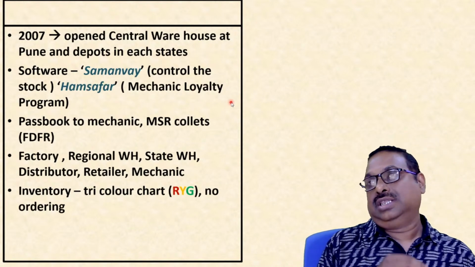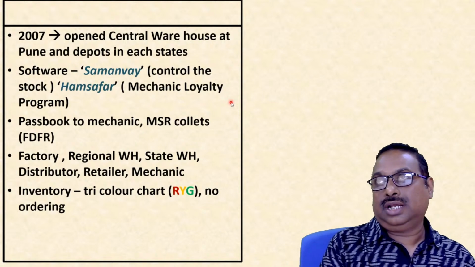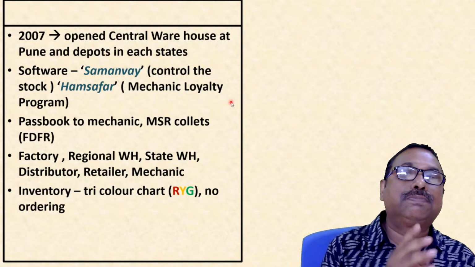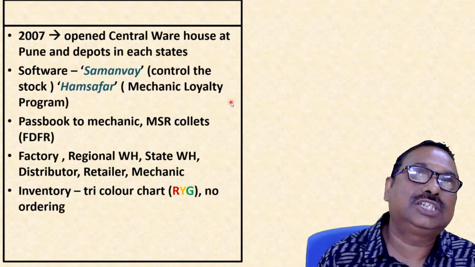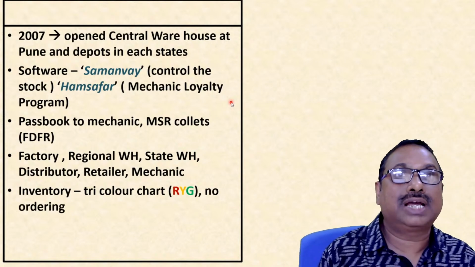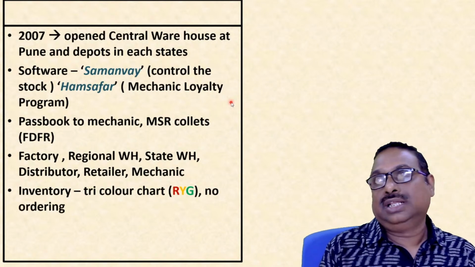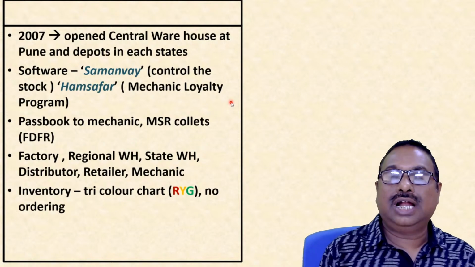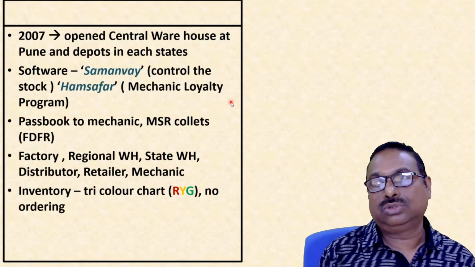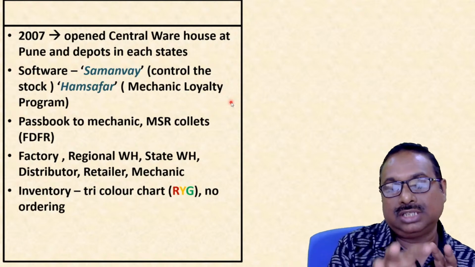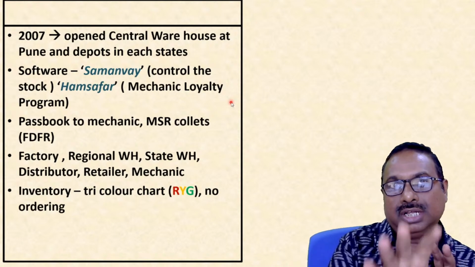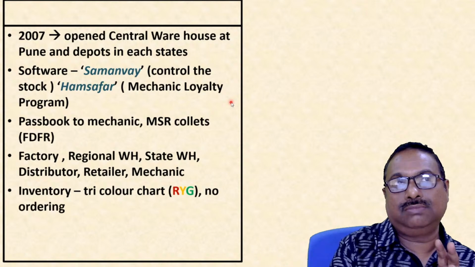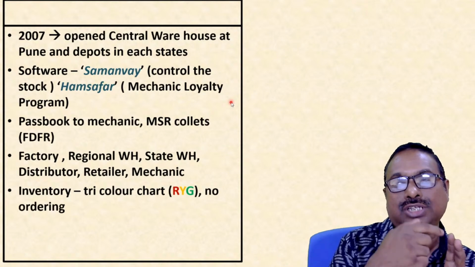The mechanic sales representatives used to visit all these 80,000 mechanics. They gave them some gifts and a passbook also, so that whenever they use Fleetguard filters, they keep a record with them. So they have a fixed route, fixed program.